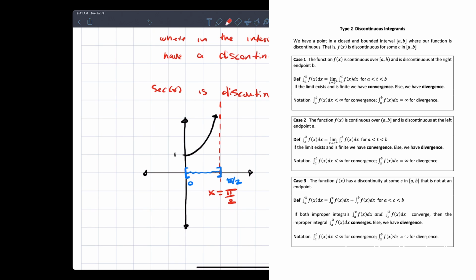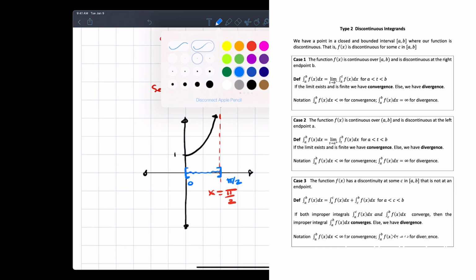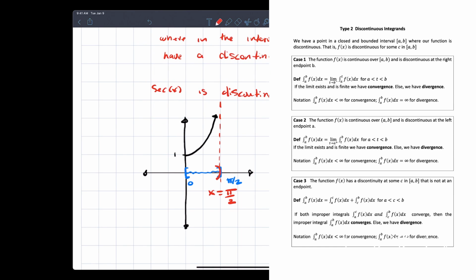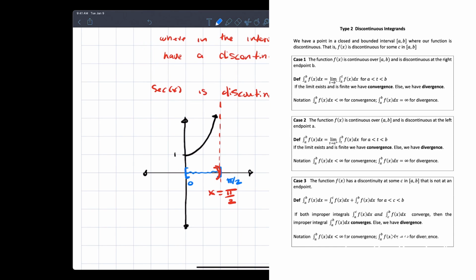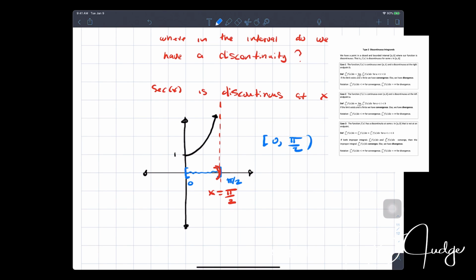Your function is continuous on this interval. Okay? And that interval here is from 0 to pi over 2. The right endpoint is open. It doesn't include pi over 2. So it satisfies our condition.